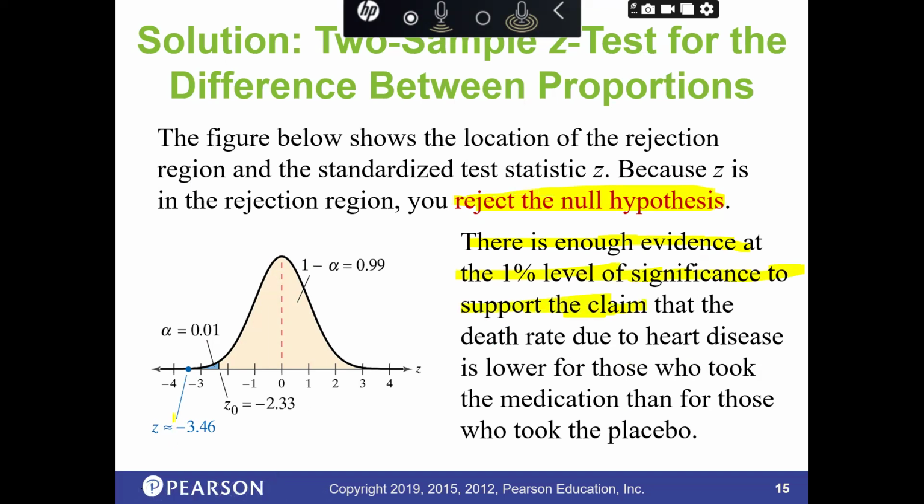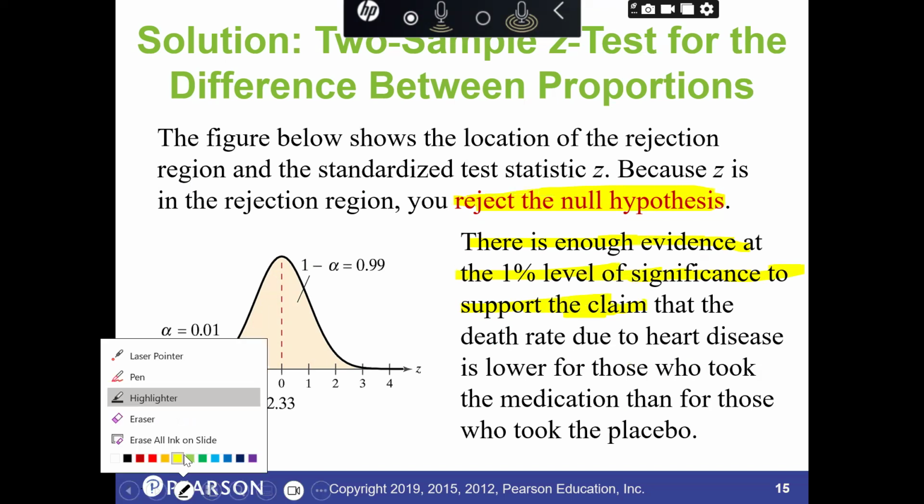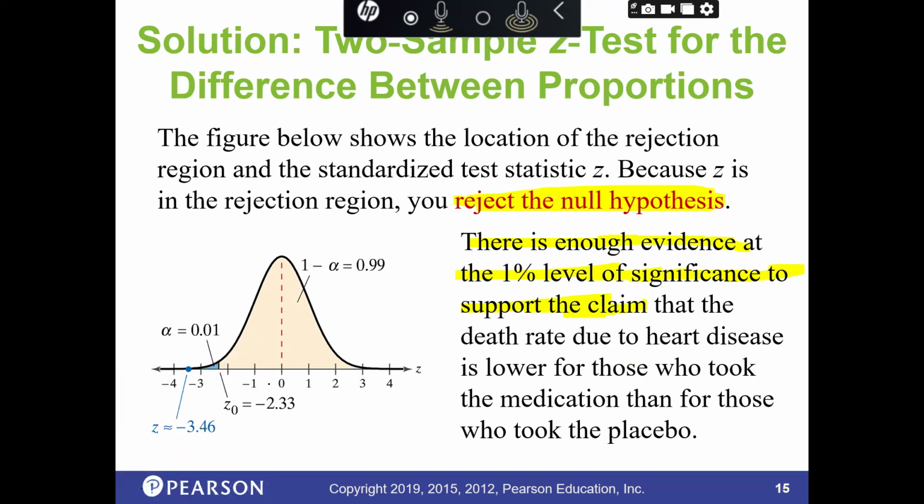The claim is that this drug does lessen the number of people that die due to heart disease.